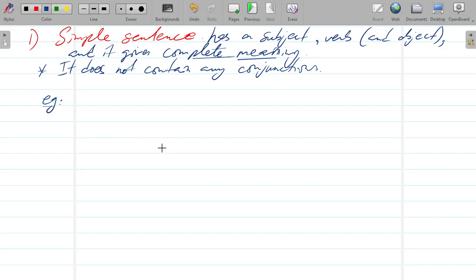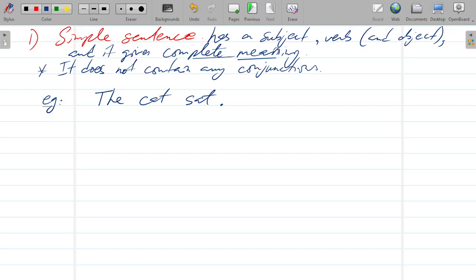And this is also where I will, right? So I can put in, right, the cat sat, and that's a complete sentence. Okay, and it gives you complete meaning.